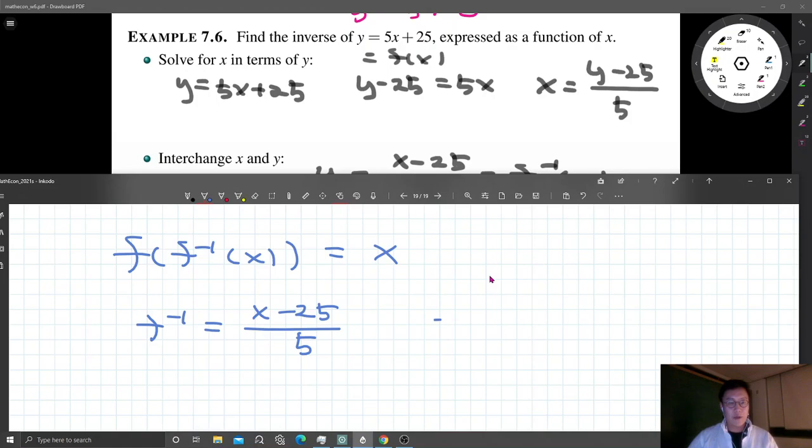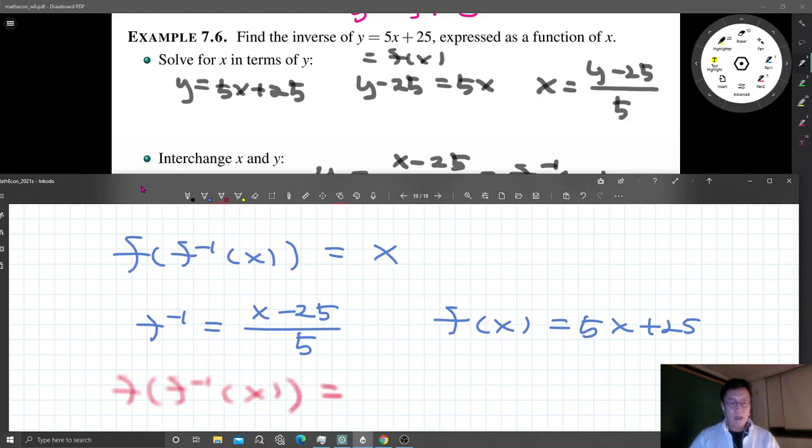And we have the original function 5x plus 25. So the composition with f as the outer function, f of f inverse, is 5 times, instead of x, we substitute this quantity. So it's x minus 25 over 5, plus 25.